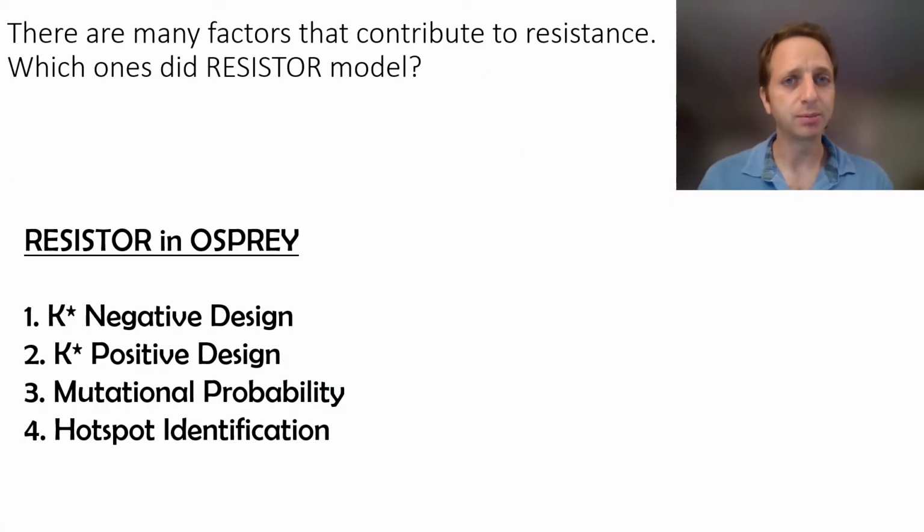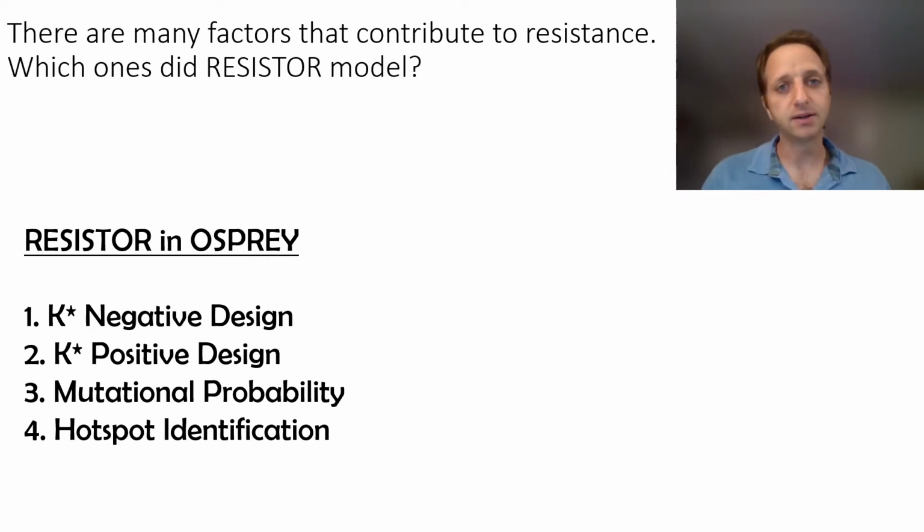To be able to design a predictor, we first have to understand that there's lots of different ways resistance can occur. There's point mutations, deletions, changes to drug influx, efflux, and other ways. In Resistor, we really concentrated on that first factor, namely point mutations, and we did so along 4 axes. The first is negative design, where we tried to identify mutations that ablated binding to a drug.